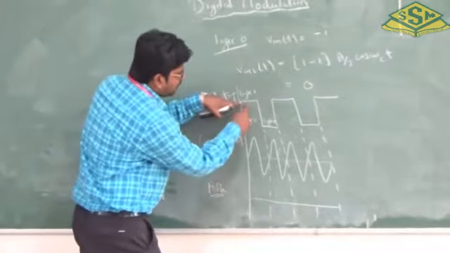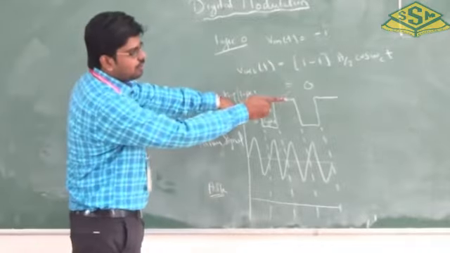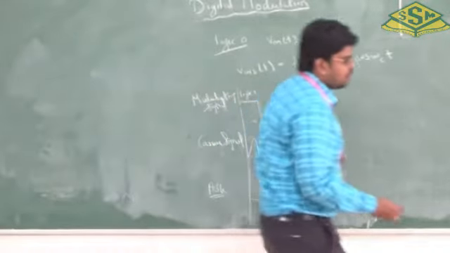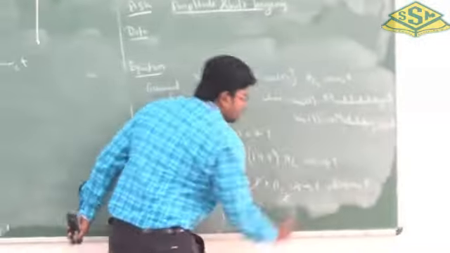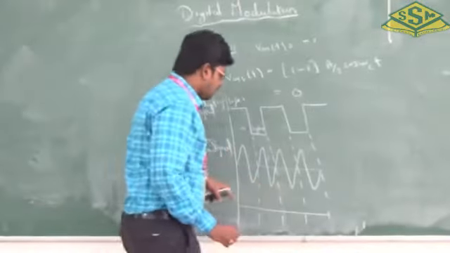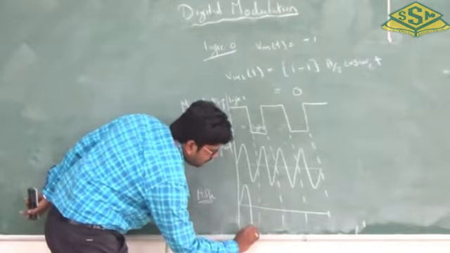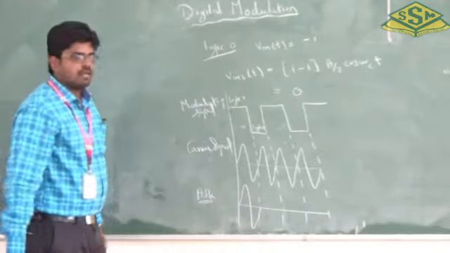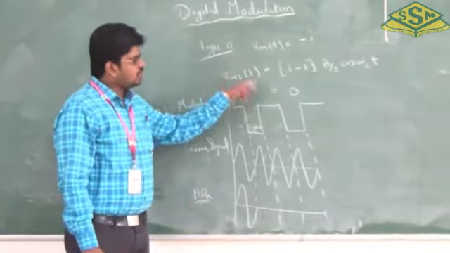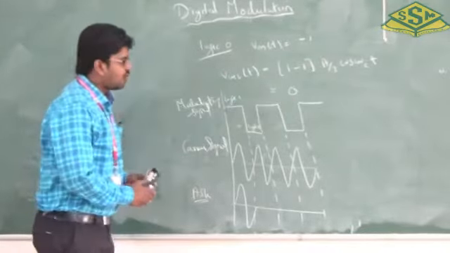While applying logic 1, we are getting the value A cos omega ct. Then while applying logic 0, I am getting a value of 0 for VASK.